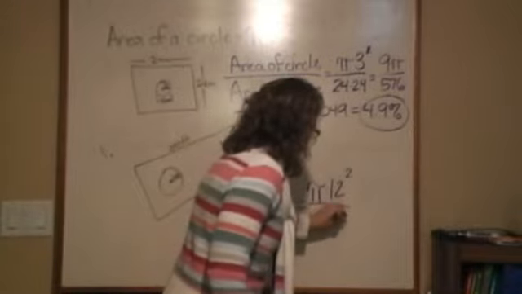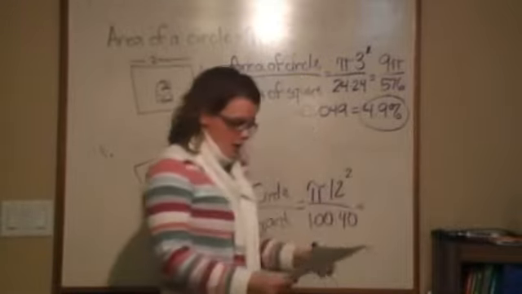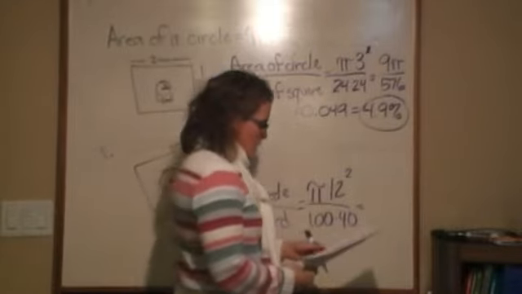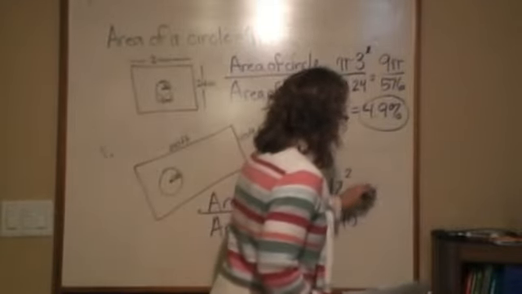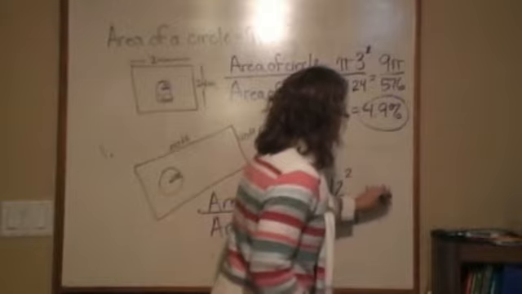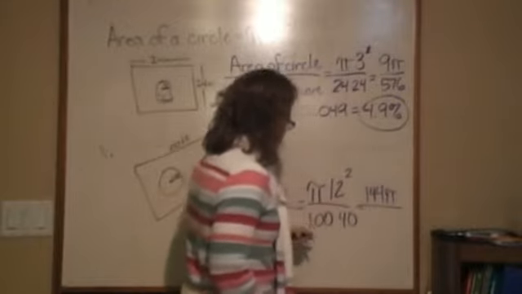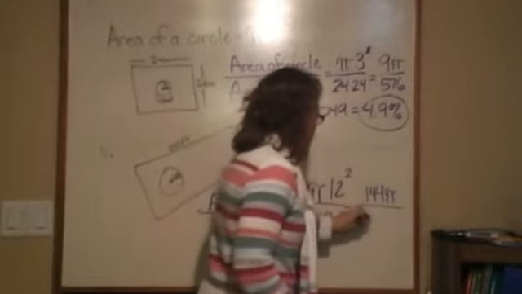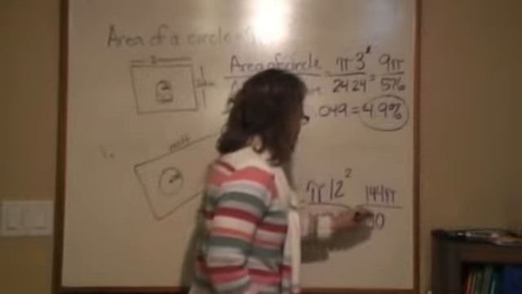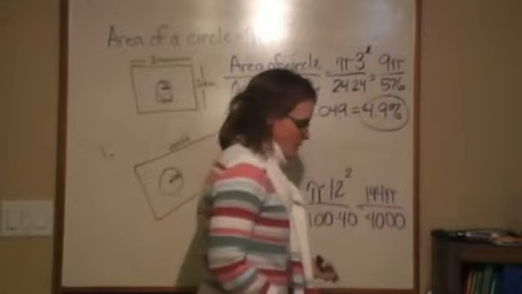100 times 40. All right, so we have 144 pi, because 12 times 12 is 144. And 100 times 40 is going to be 40, and I add 2 zeros, so over 4,000.